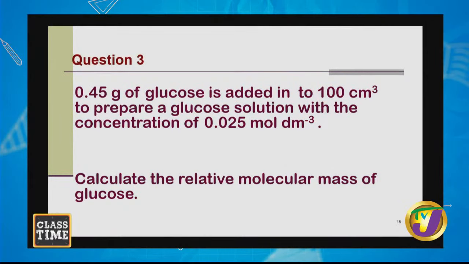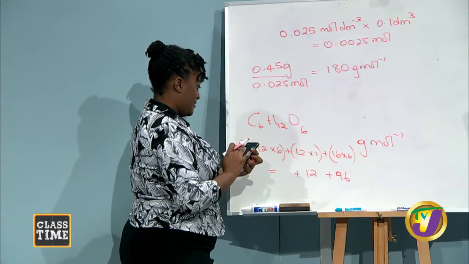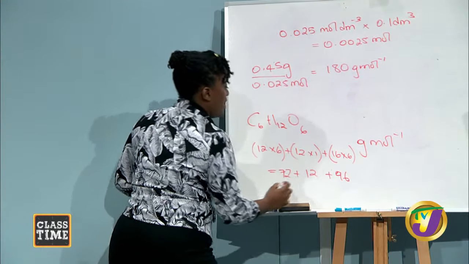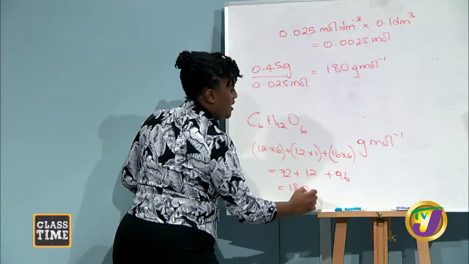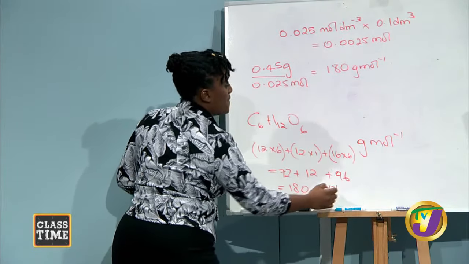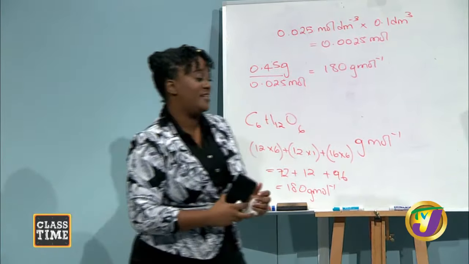Okay, so 16 times 6 is 96 plus 12 plus 12 times 6 is 72. Add all of these together and I'll get 180 grams per mole. So my calculation above was correct.